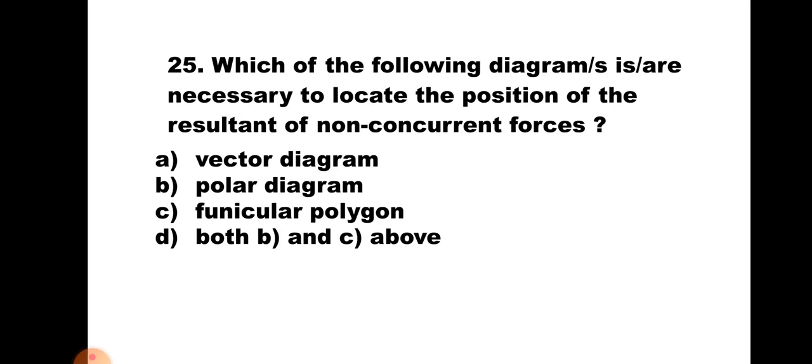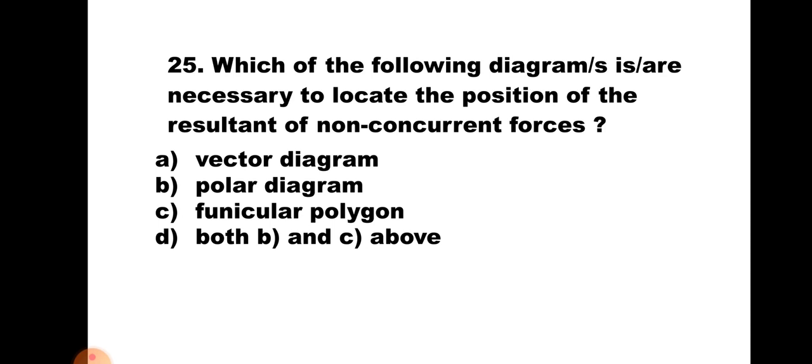Question number 25. Which of the following diagrams are necessary to locate the position of the resultant of non-concurrent forces? A, vector diagram; B, polar diagram; C, funicular polygon; and D, both B and C above. Now, in case of non-concurrent forces, we know that there is an additional job to find out the position.